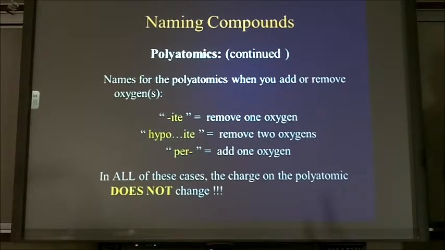But with the polys, the thing that acts like a metal, like the phosphorus, the sulfur, the chlorine, changes charge, but as a whole, the charge remains the same as it was. The things that these rules will not apply to are hydroxide, ammonium, and acetate. Everybody else is free game. So really that narrows the list down to 7.